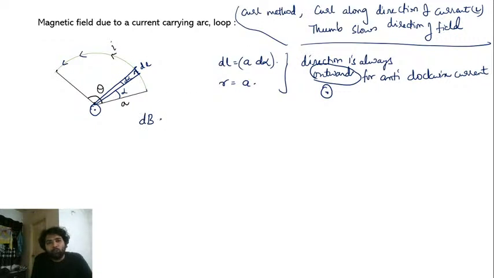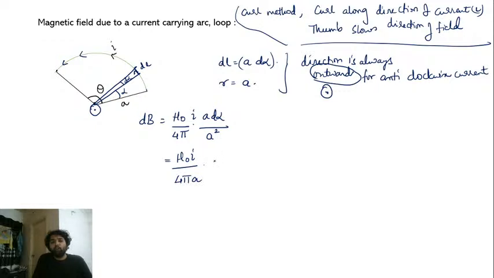So dB due to this dl element will be equal to mu naught by 4 pi into I dl by r squared, that is I into a d alpha by a squared. So simply it becomes mu naught I by 4 pi a into d alpha. If you observe carefully, everything is a constant here. So you just integrate alpha. What is the range of alpha? It starts from 0 degrees and ends at theta. So the range is from 0 to theta.